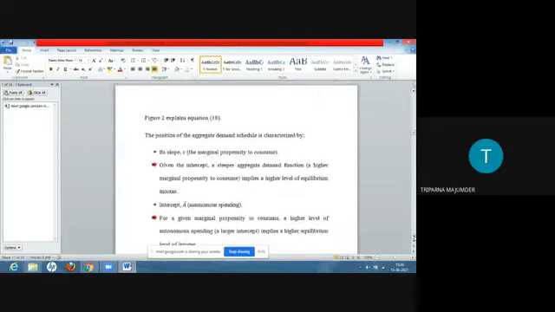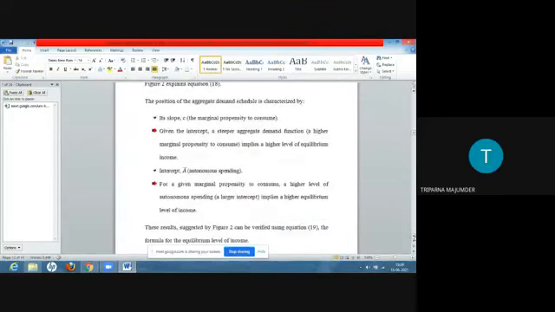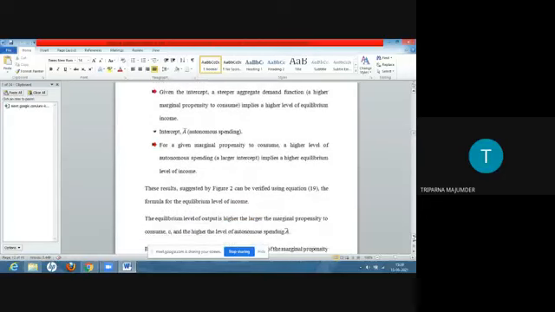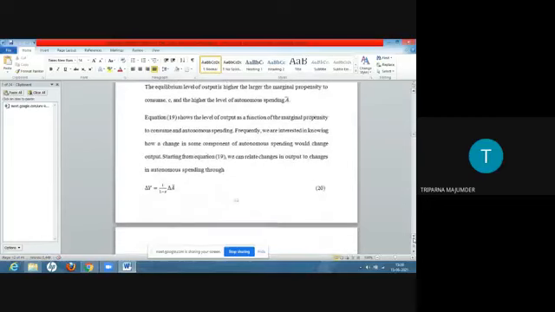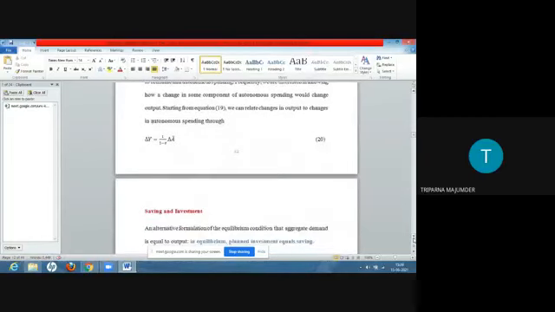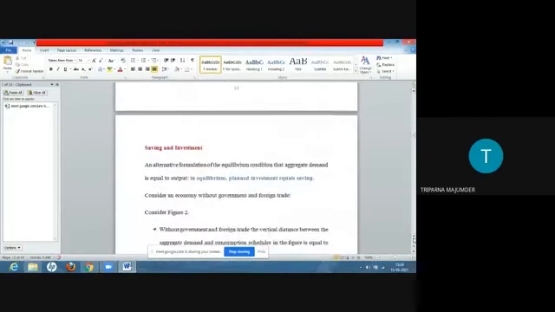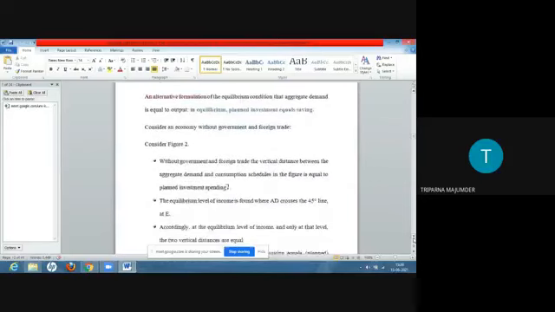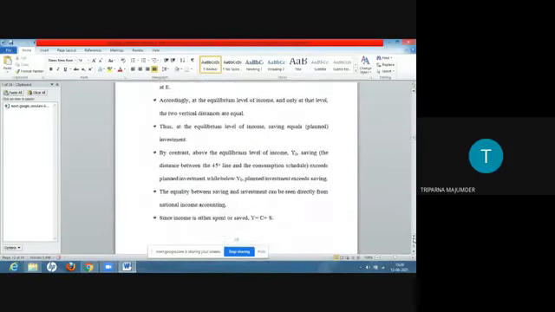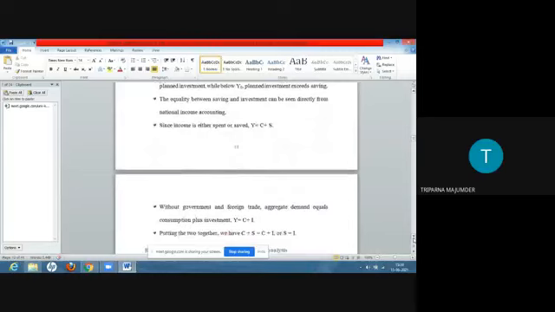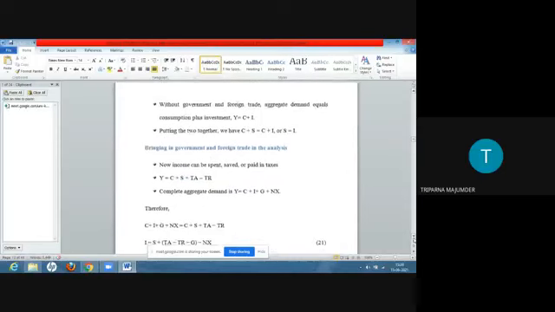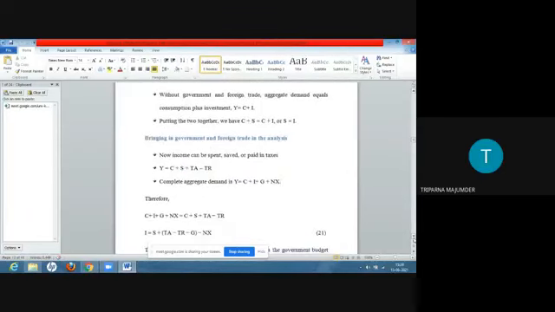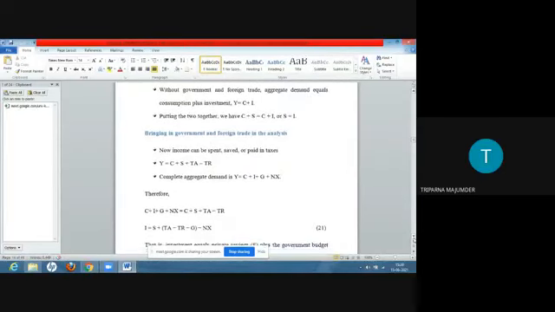So here we have already talked about how changes in A bar and C can change our level of equilibrium income. We have also talked about the savings-investment equality at equilibrium. Now we bring in the government and foreign trade in our analysis.